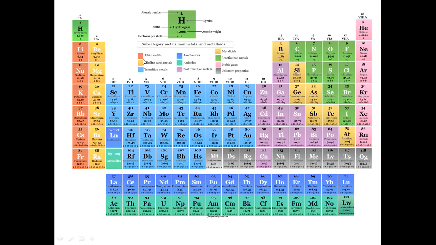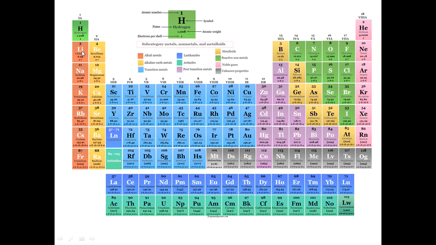They are metals because they form a plus ion, or a cation. Metals are called so because they are elements that form a positively charged ion by losing electrons. So lithium, sodium, potassium, rubidium all form just a 1 plus charge by losing 1 electron.